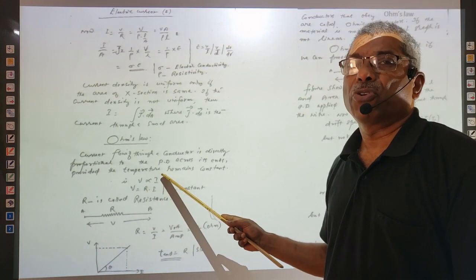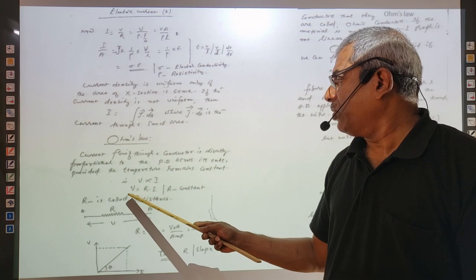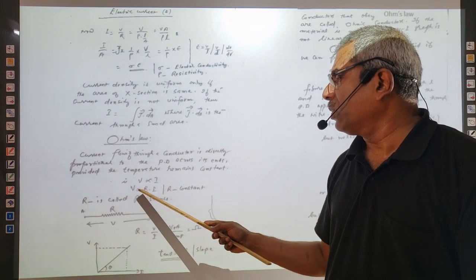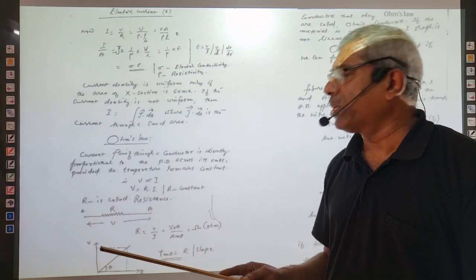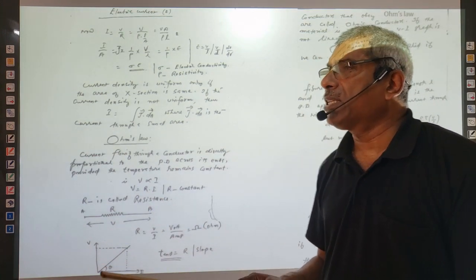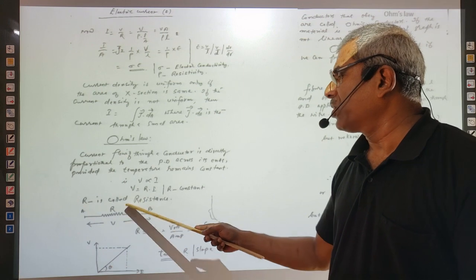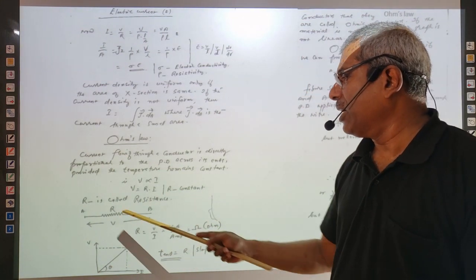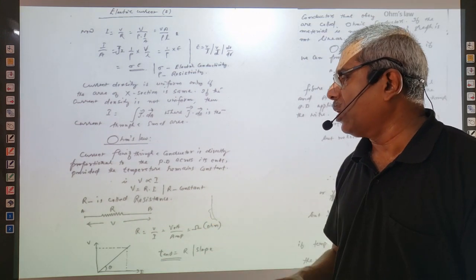This proportionality can be changed into equality by multiplying a constant. V is equal to R into I, where R is a constant of proportionality and this constant is called resistance. It is a constant only if there is no change in temperature.